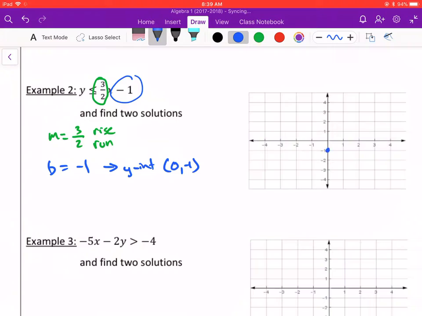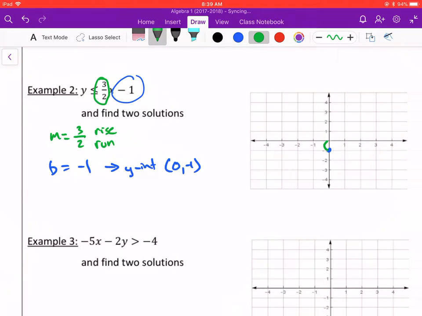So you start your point at -1 here. Then we know the rise over run is 3 over 2. So from that point we rise 3: 1, 2, 3, run 2: 1, 2. There's your next point. Now you can keep continuing that pattern, up 3 over 2, even go backwards. We know it's going to be a straight line. So that's what it's going to look like.